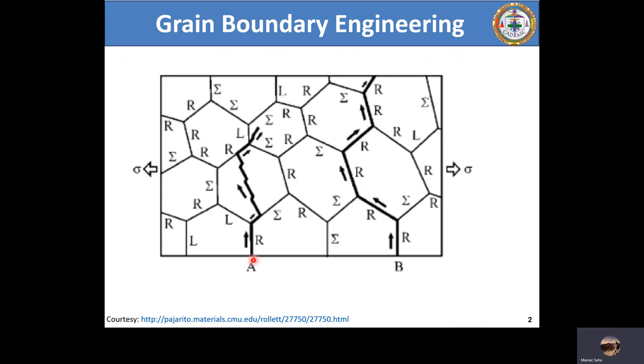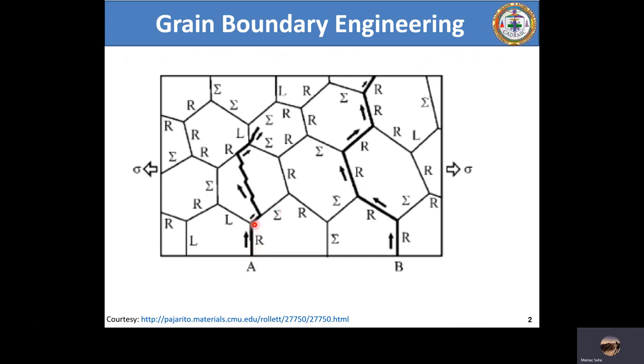Let's say a crack is propagating along the random angle boundary from site A, and it reaches a triple junction between L, R, and sigma, where L has the least grain boundary energy, sigma has a comparatively higher energy than L but a much lower energy than R. Of course that depends on the value of sigma also.